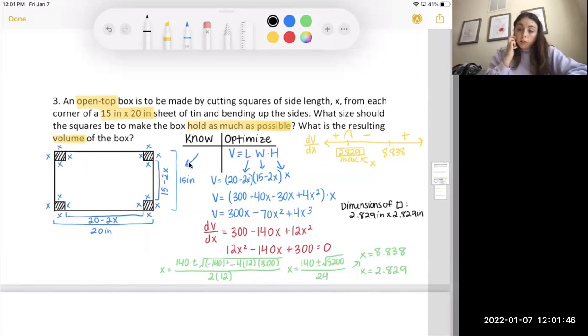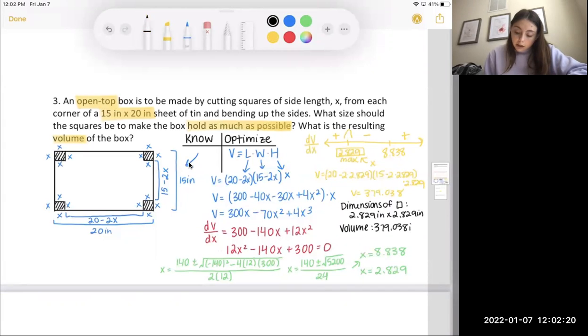And then for the volume, you just have to plug in 2.829 into the original volume equation. 15 minus 2 times 2.829 times 2.829. And if you do all that, you're going to get 379.038.